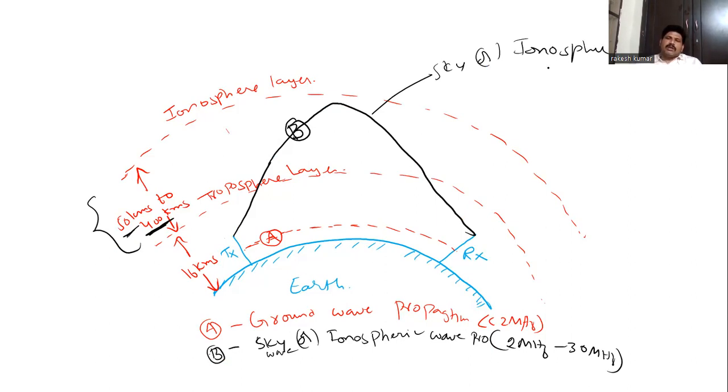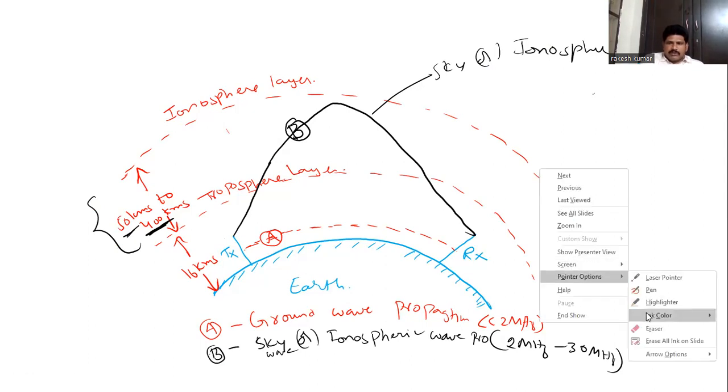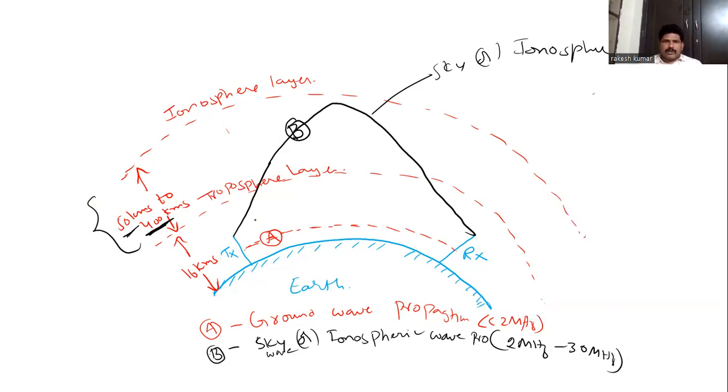Okay, now let us come to the third case. The third case is space wave propagation, for any frequency signal greater than 30 megahertz. That will be transmitted using this.